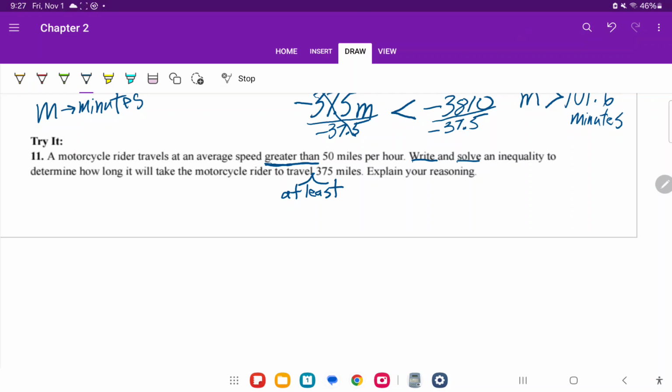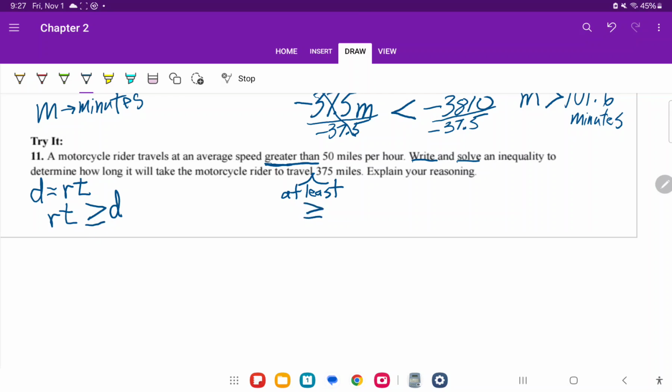Okay, so this is a distance problem, and our distance formula is the distance is equal to the rate times the time. But because we're doing an inequality, we want our rate and our time to be greater than a certain distance. Because our distance here is 375, right? When can we get past that? So at least is greater than or equal to.